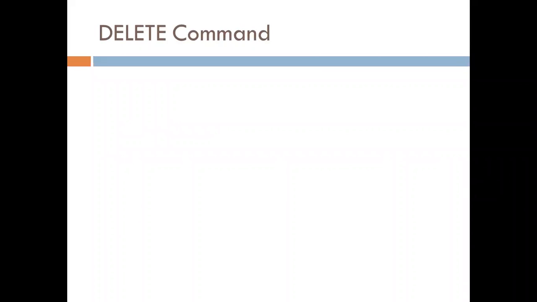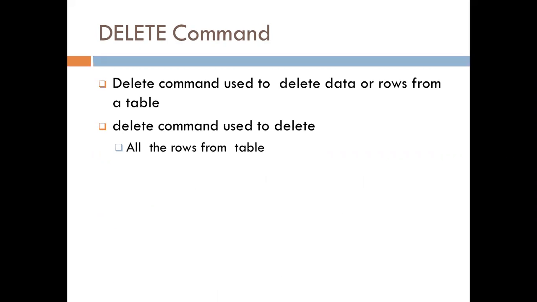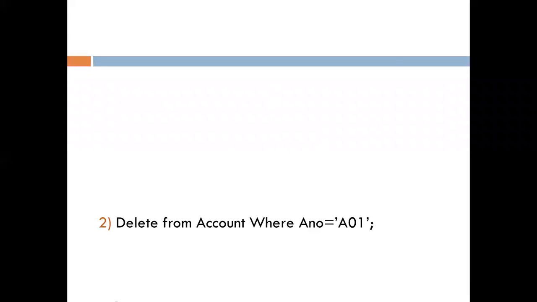Now the next command is the delete command. The delete command is used to delete particular data from the table. It is used to delete all the rows from the table or selected rows from the table. That means we have to apply the delete command in two ways, with the condition and without condition.